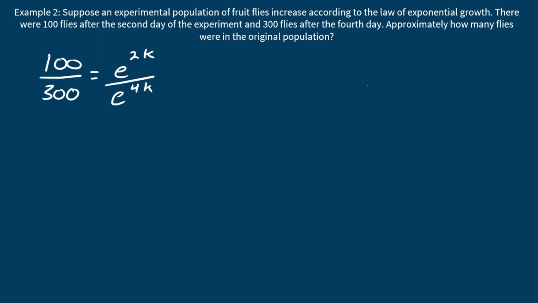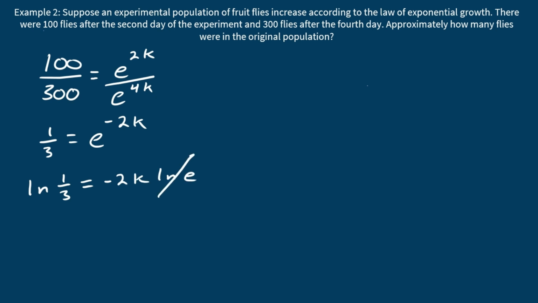From here, let's go ahead and simplify and solve for k. The left-hand side will become 1/3, and that is going to be equal to e to the negative 2k. From here, I want to bring the k value down, so we have to take the natural log of both sides. So ln of 1/3 is equal to negative 2k ln of e.